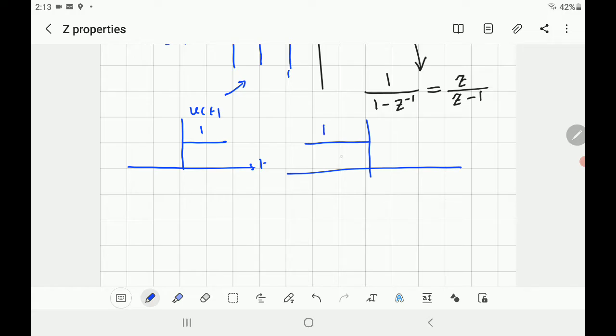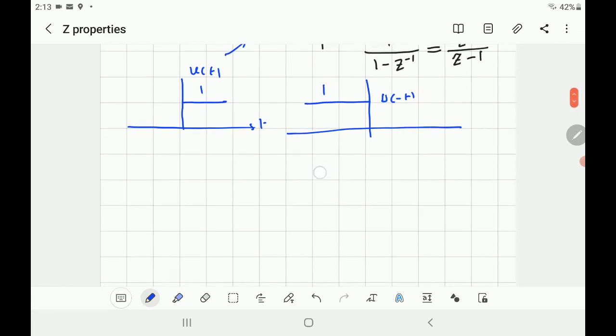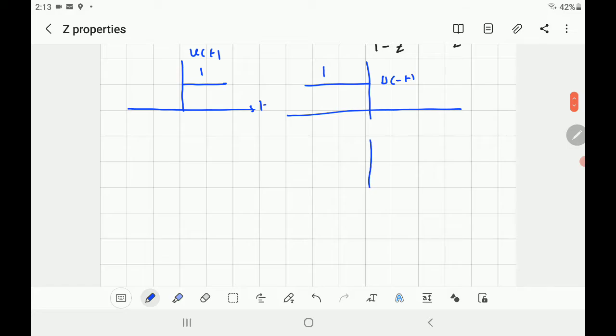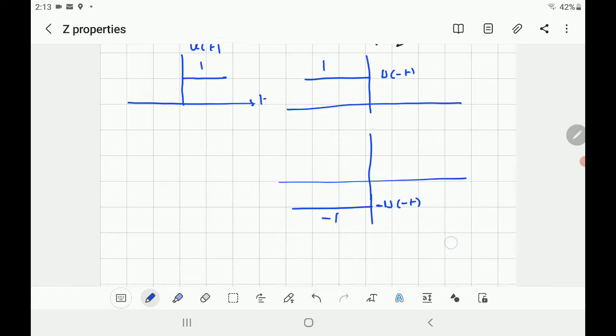How do you represent that? When it's reflected on the vertical axis, you write it u of minus t. And if instead of 1 you have negative 1, you can express this as minus u of minus t. So that's the part in the continuous case.